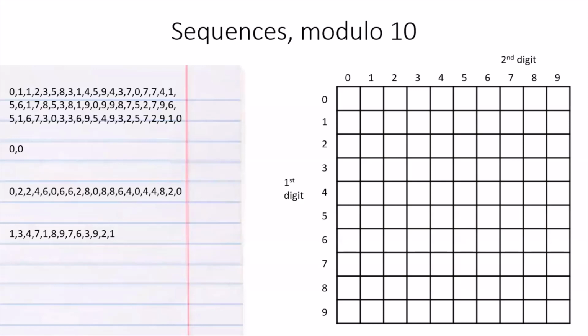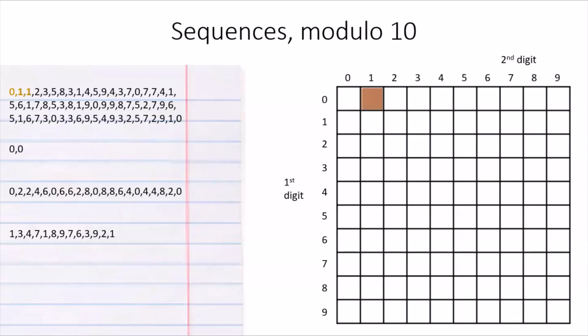So looking, for example, at our first sequence of numbers, the long sequence that we started with, it begins with 0, 1. And I've colored these brown, so I'm color coding these sequences because we have more than one of them. I just chose brown for this first one, so I'm going to color the square 0, 1 brown to match that pair of numbers.